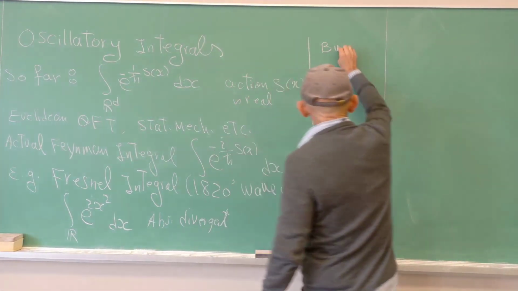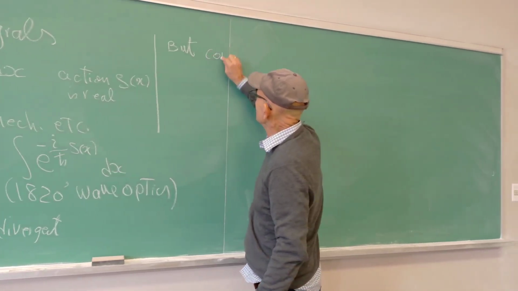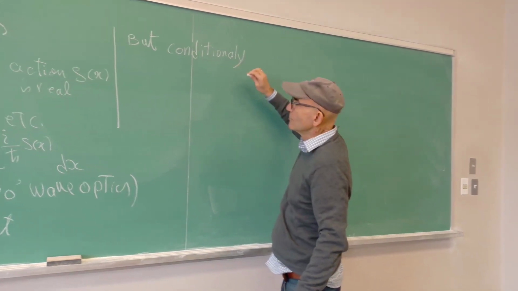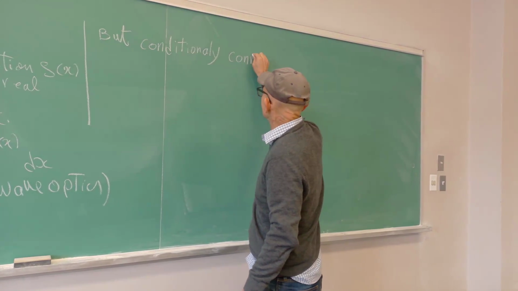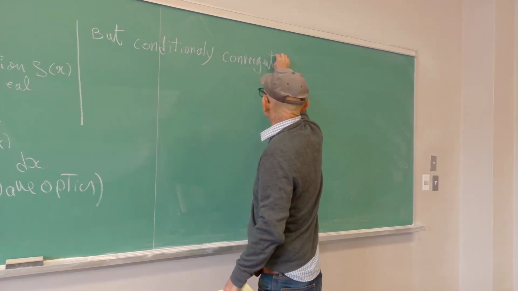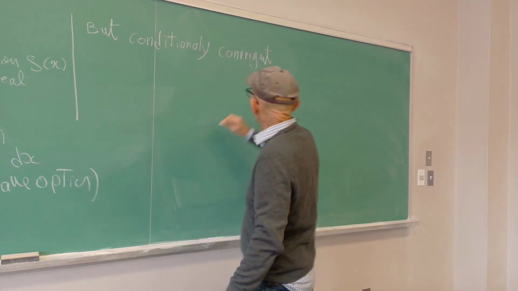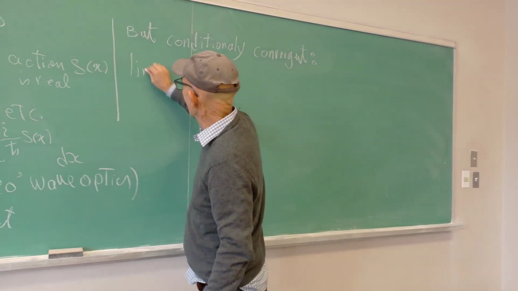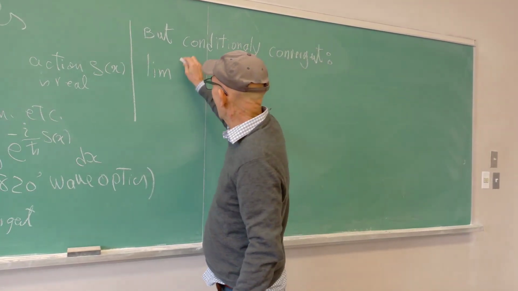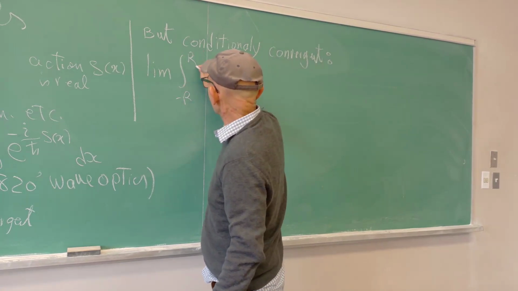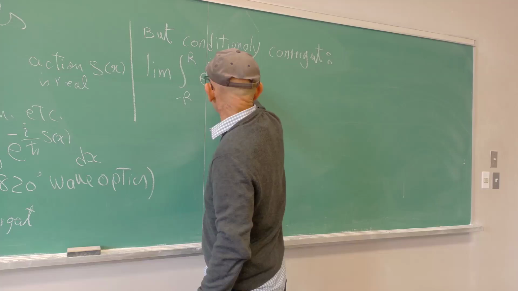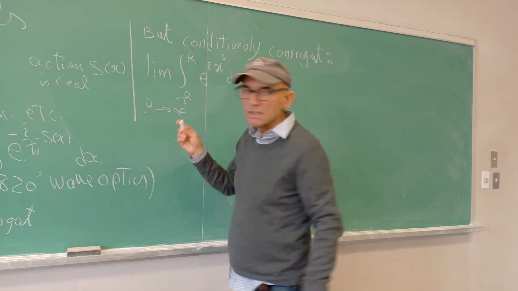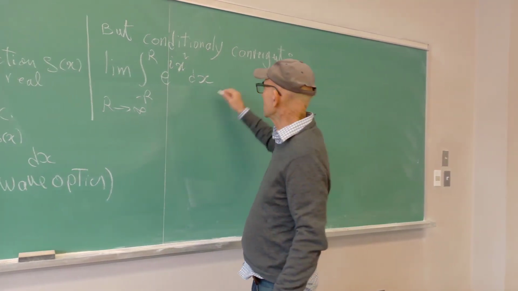Conditionally convergent in the sense that the limit of the integral from minus r to r of the exponential of i x squared dx as r goes to infinity exists. You can show that the limit exists.